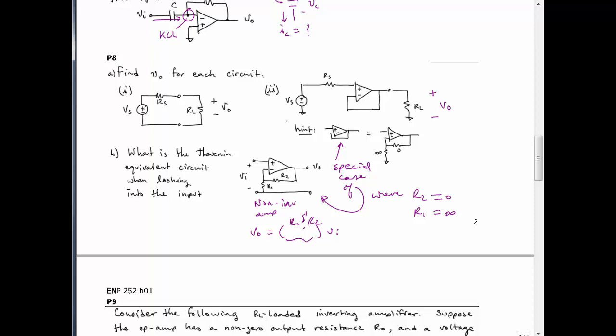And the point of this exercise is to show you a really important role and function that the op-amp can serve. This circuit is representative of what happens commonly in any kind of electrical signal processing.